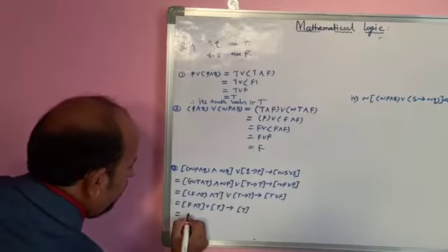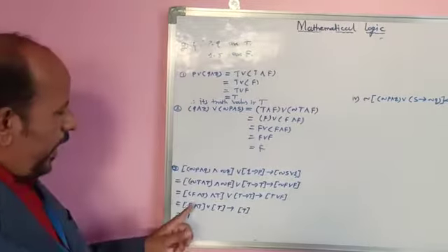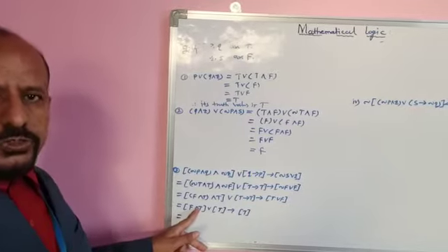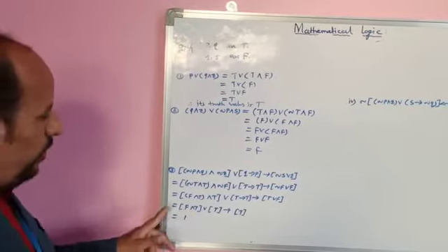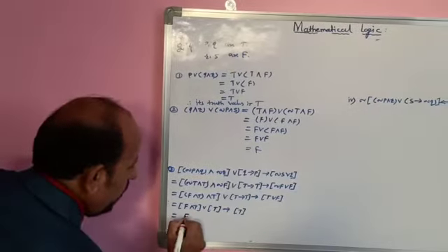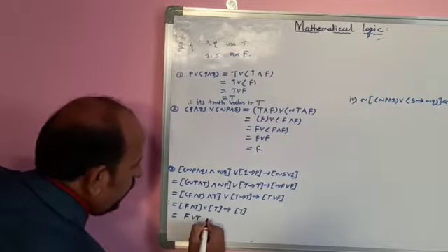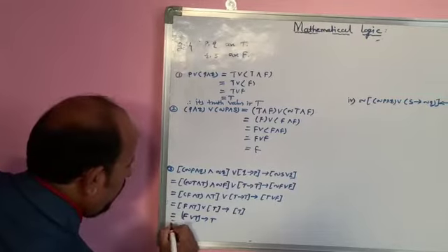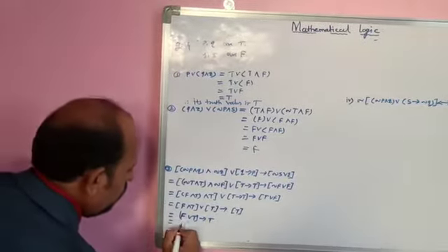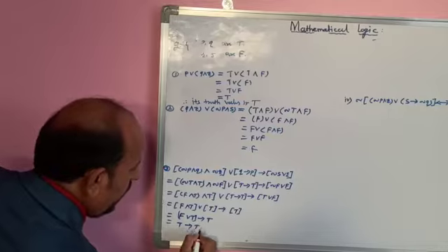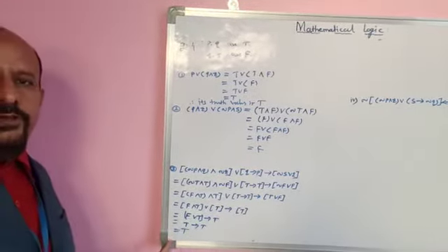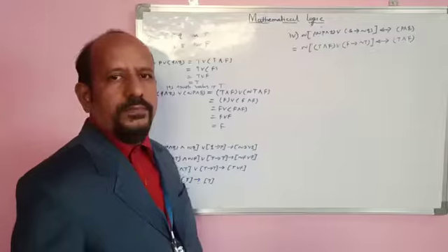F and T in conjunction, both must be true for the final statement to be true, otherwise false. Therefore it becomes F or T implies T. F or: F F gives F, otherwise true. T implies T implies T, therefore its truth value is capital T.